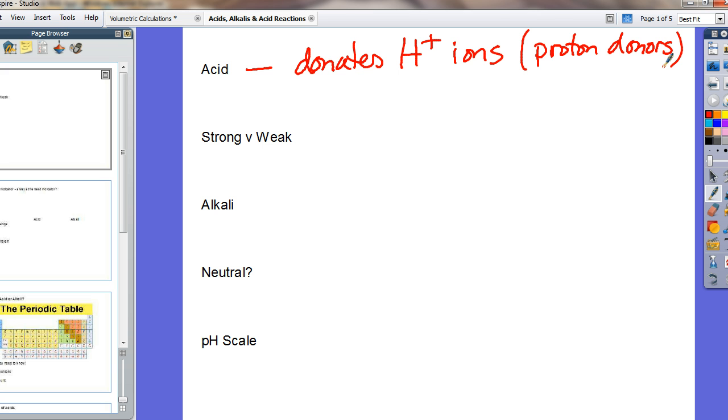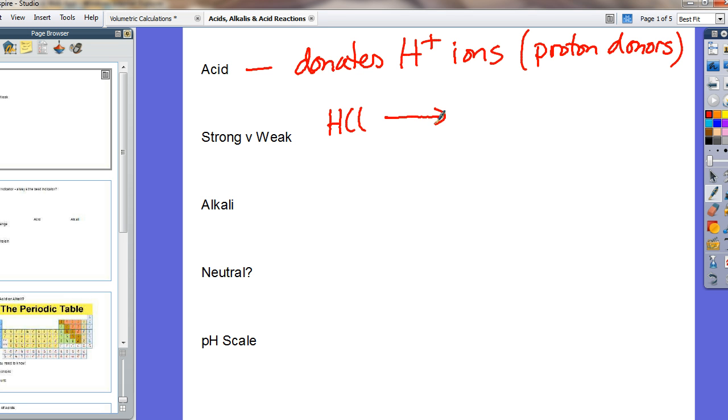Now, strong acids, when you dissolve them in water, for example, let's take hydrochloric acid, HCl. If I put 100 hydrogen chloride molecules in water, every single one of those molecules would break up.